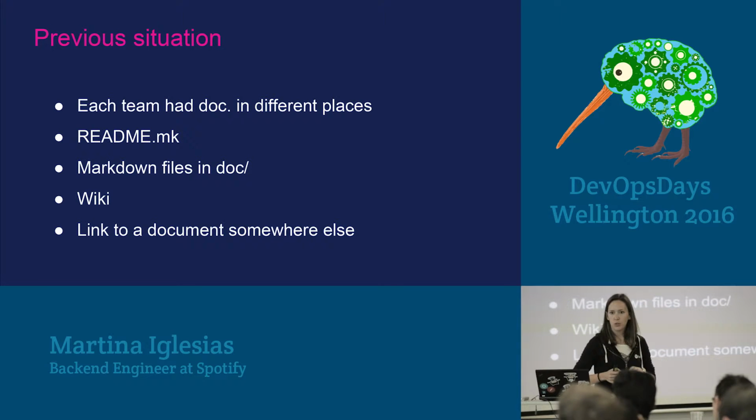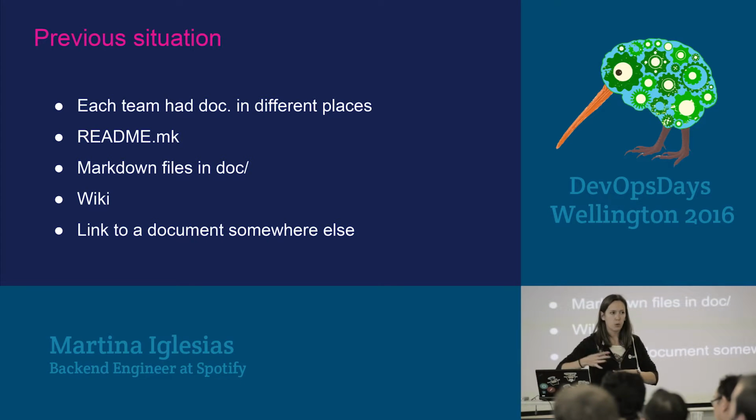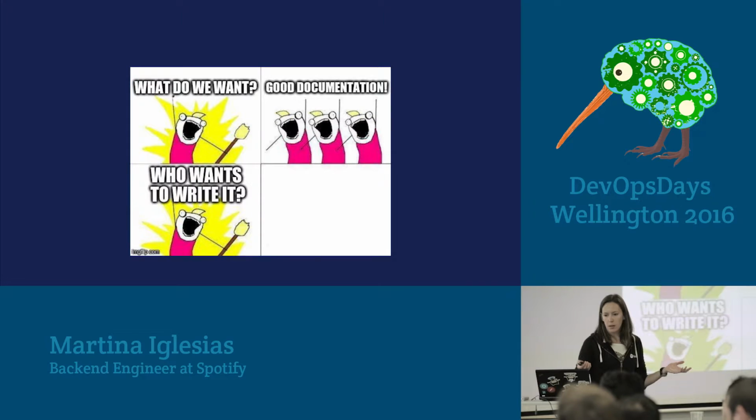Sometimes it would be in a bunch of Markdown files, in a specific folder in the repo. Sometimes it could be in the wiki. Sometimes it would be a link to some other document. So it could be in many different places. And sometimes this was up to date, sometimes it wasn't, and sometimes it didn't even exist because who likes to write documentation, right?